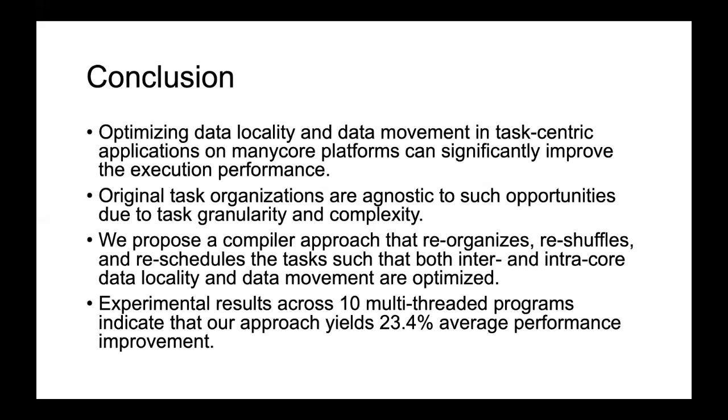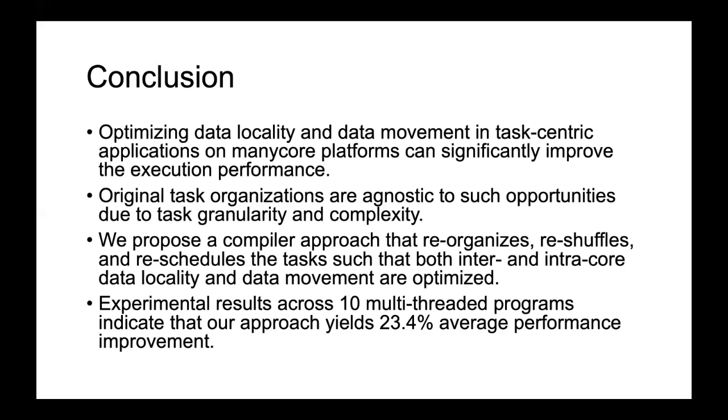To conclude, optimizing data locality and data movement in task-centric applications on manycore platforms can significantly improve execution performance. Original task organizations in task-centric programs are agnostic to such opportunities due to task granularity and complexity.